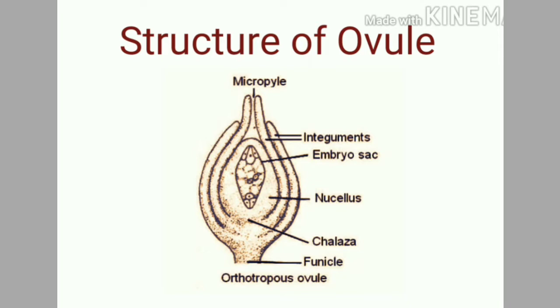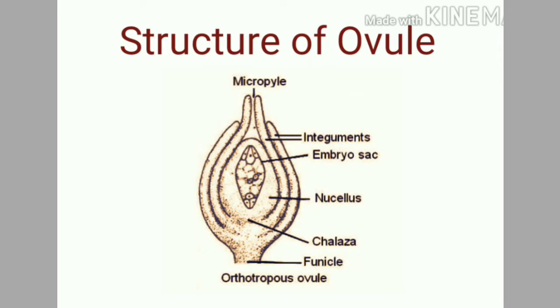Then inside the ovule there is the nucellus and it bears the embryo sac, where later after fertilization the whole embryo is formed.